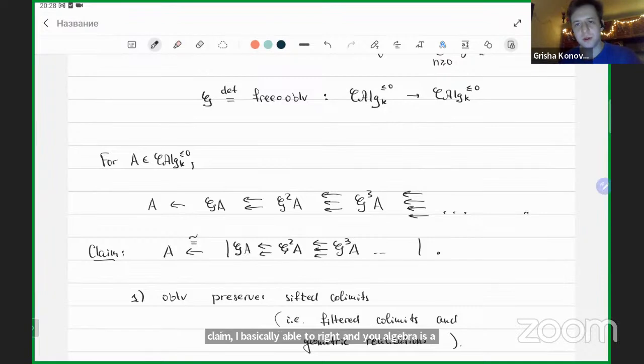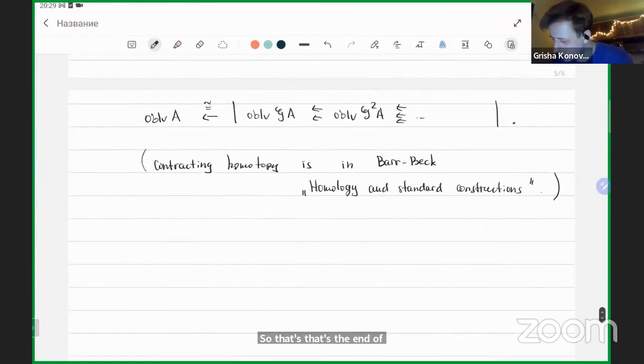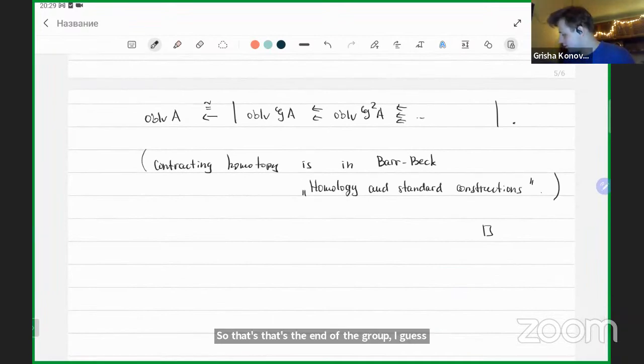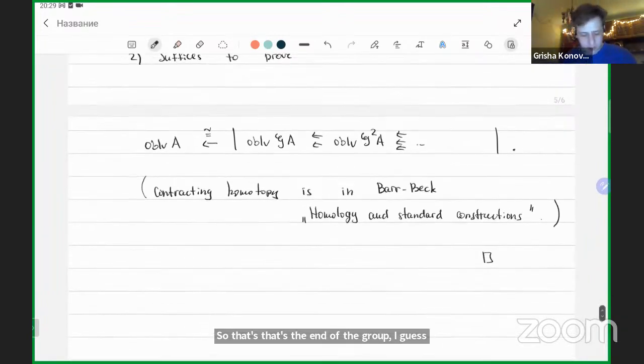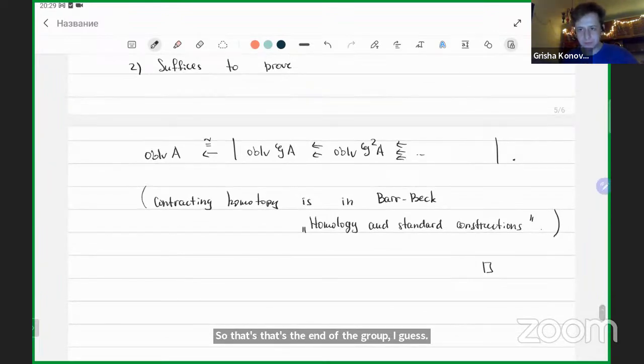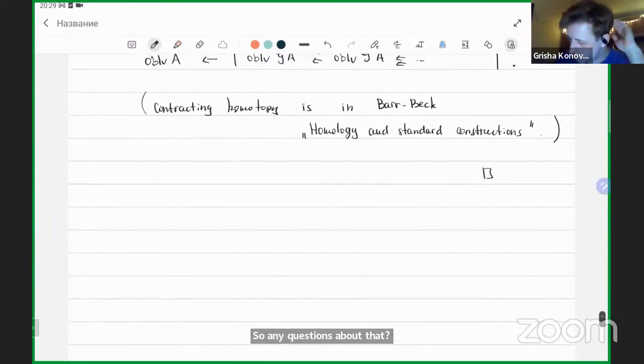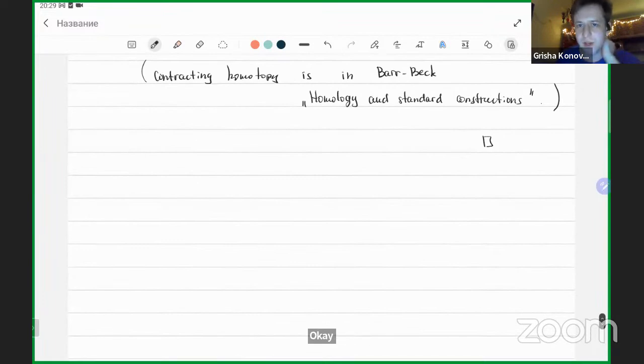Then we can refer to the first and the third lemma and conclude that the cotangent complex of A exists and is given by some colimit formula. So that's the end of the proof, I guess. Any questions about that? Okay, good. So we finished with the proof of existence.